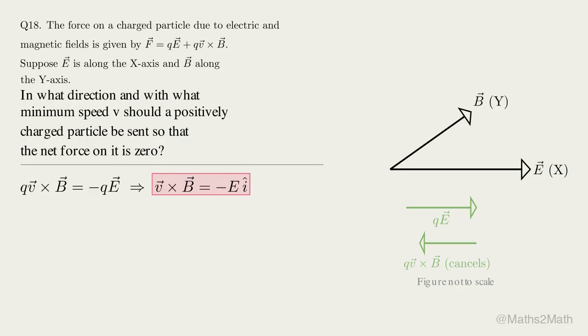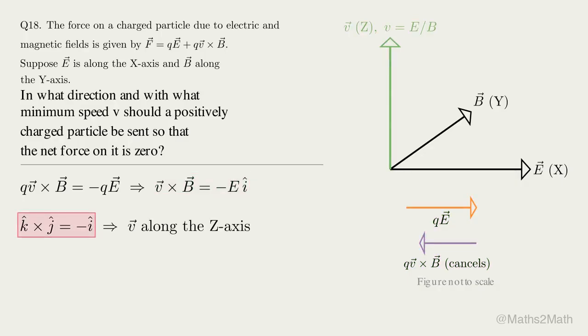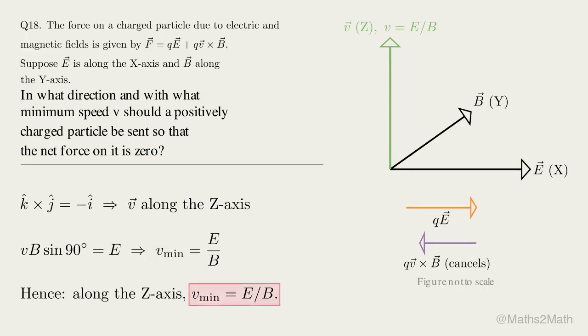V cross B must point along minus x with magnitude E. Try V along the z-axis. Z hat cross y hat is minus x hat. That is exactly the direction we need. The magnitude gives VB sine 90 equal E, so V equals E over B. Sine is largest at 90 degrees, so this V is the minimum. Hence, along the z-axis, with minimum speed E over B.